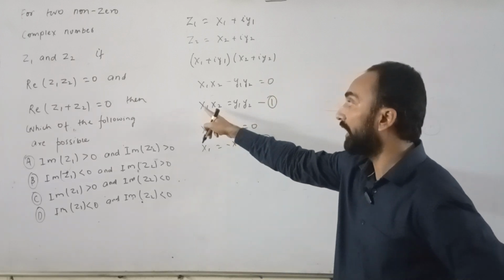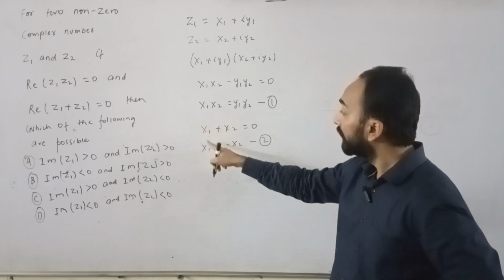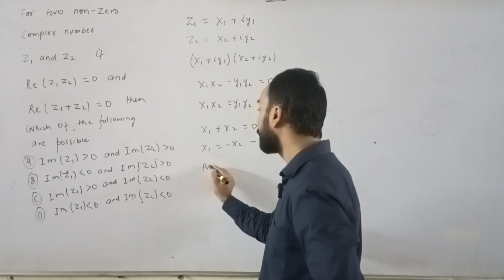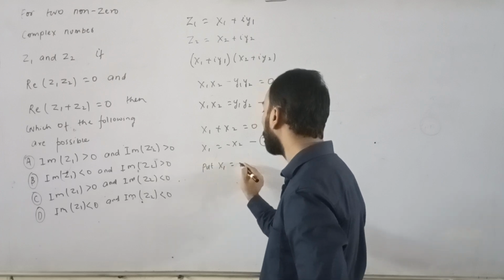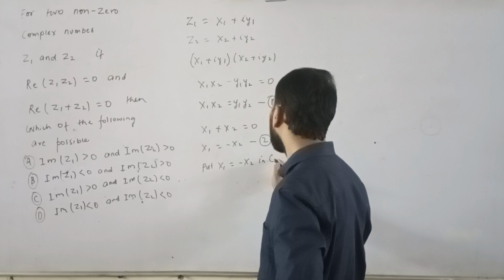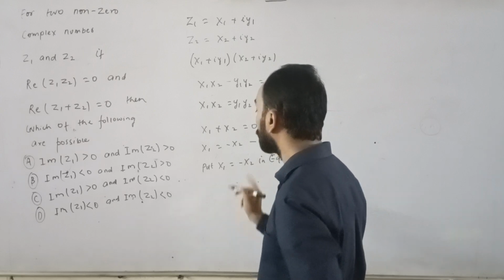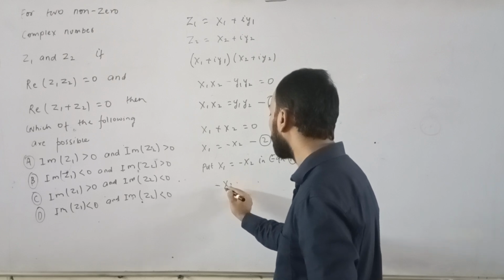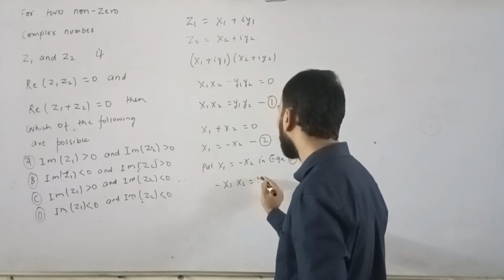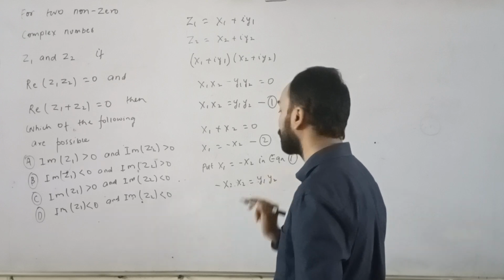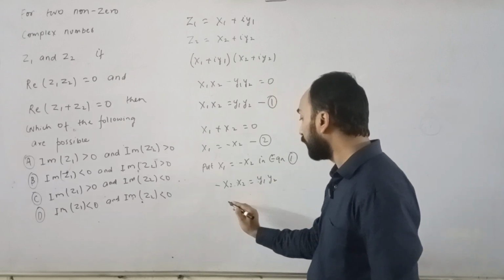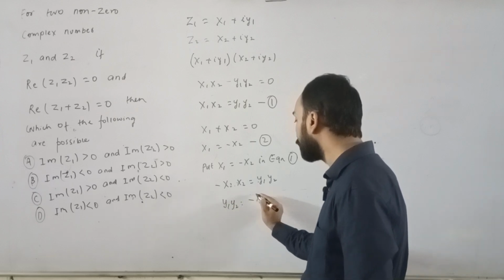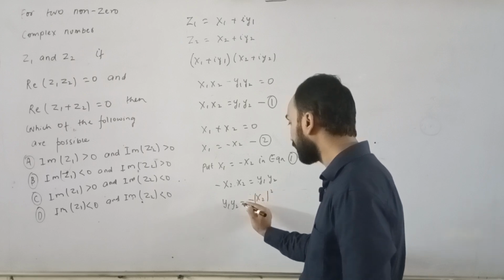Now if I put the value of x1 equal to minus x2 in equation 1, it becomes minus x2 into x2 is equal to y1 into y2. This can also be written as y1 into y2 is equal to minus x2 whole square.